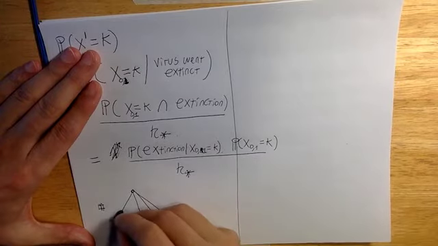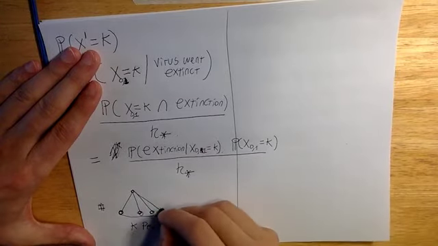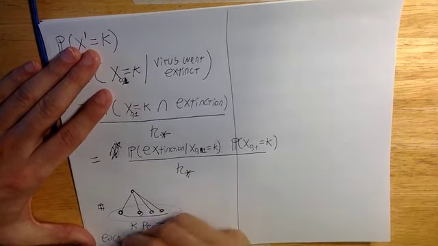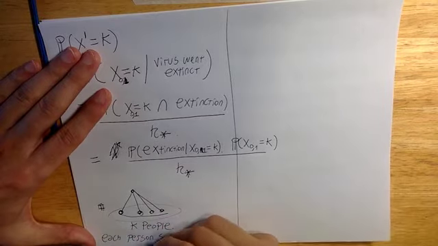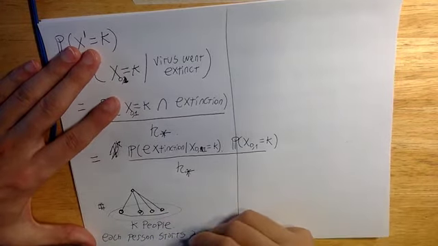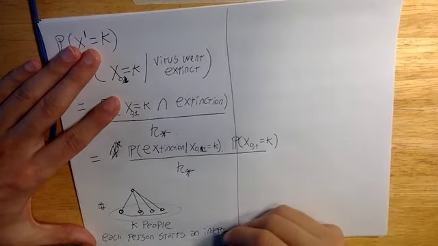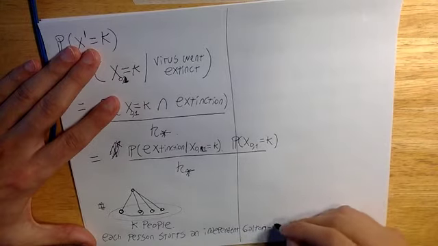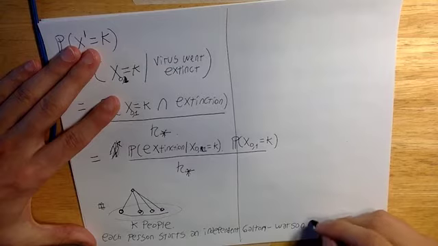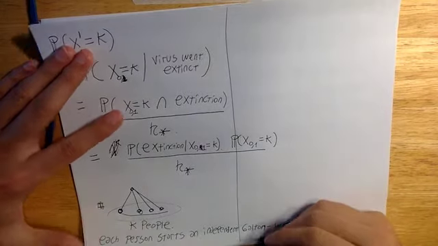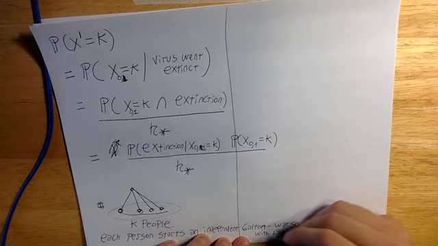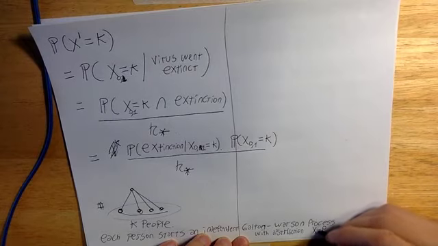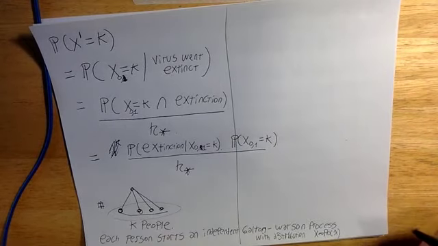We can think of each one of these people as starting an independent Galton-Watson process with distribution X, which is Poisson lambda.